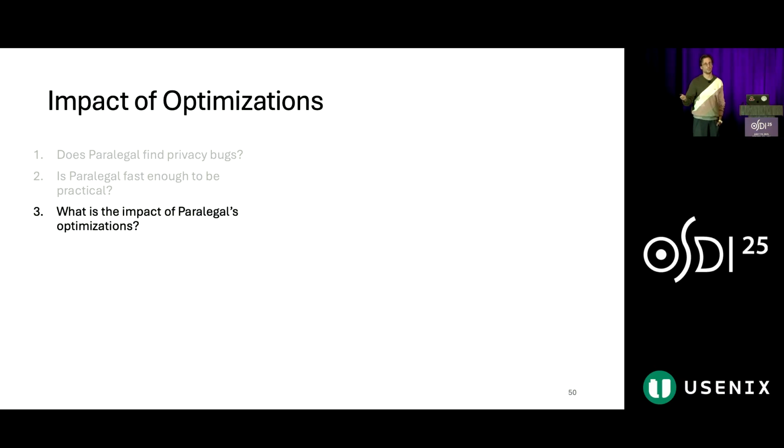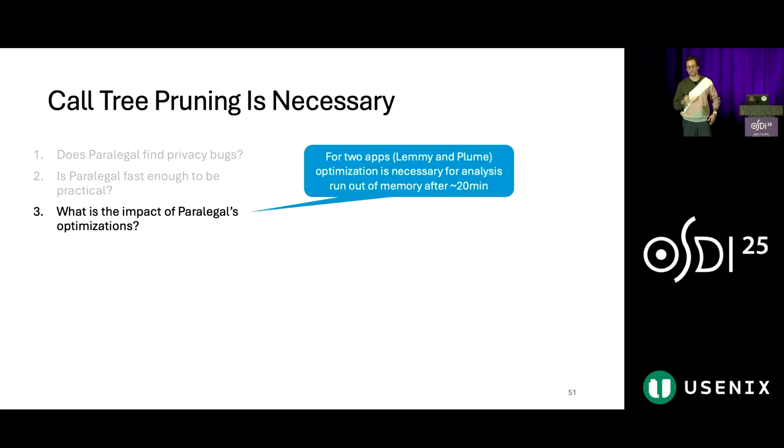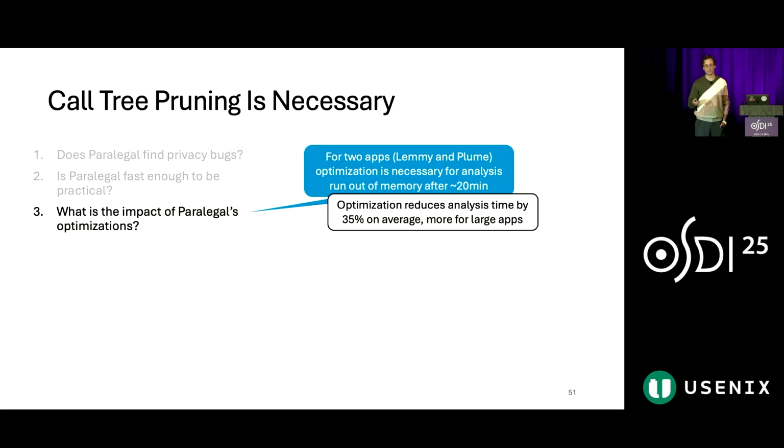So our optimization that we saw before really comes in handy here. For 2 applications, Lemmy and Plume, this optimization is actually necessary, otherwise it runs out of memory and crashes. And for all other applications, it makes the analysis runtime about 35% faster, and the larger the app is, the larger the savings.